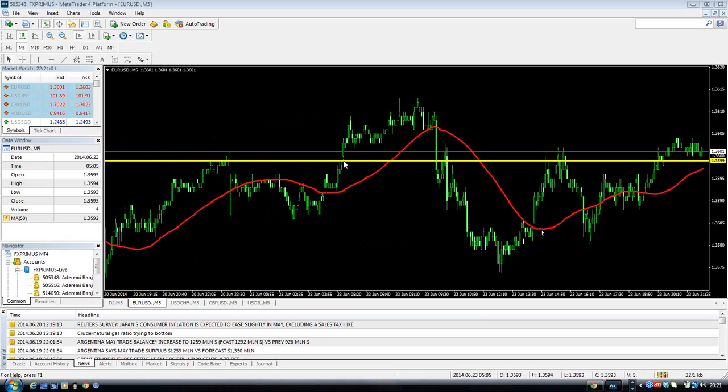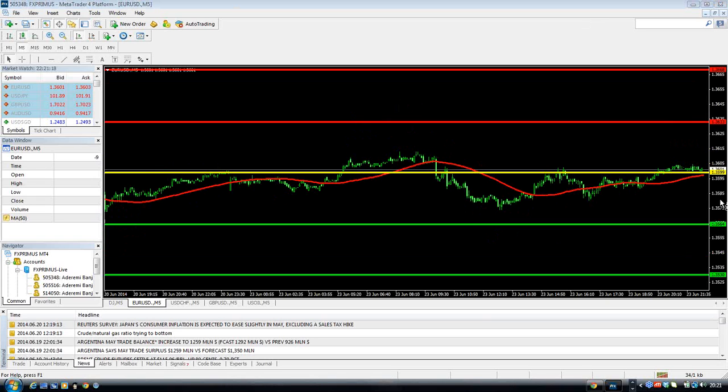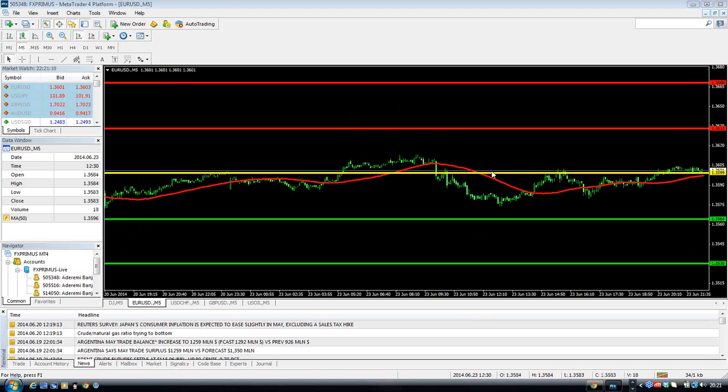Just make it a bit smaller. And then this red line you see here is the moving average, so you can see how it's following the market. The candlesticks represent the prices of the current market, and the red line is the moving average just following the market. And then you also have the pivot points, which I tend to use a lot. The yellow line, these red lines and these green lines here are the pivot point lines.